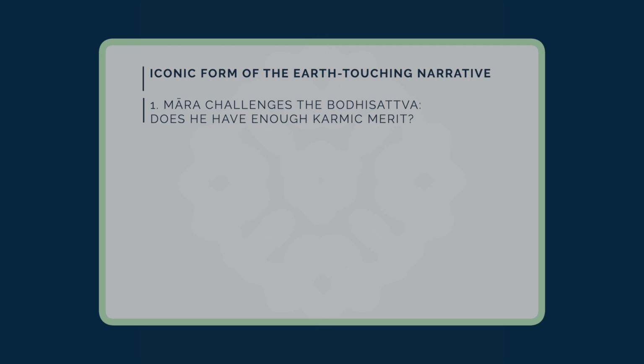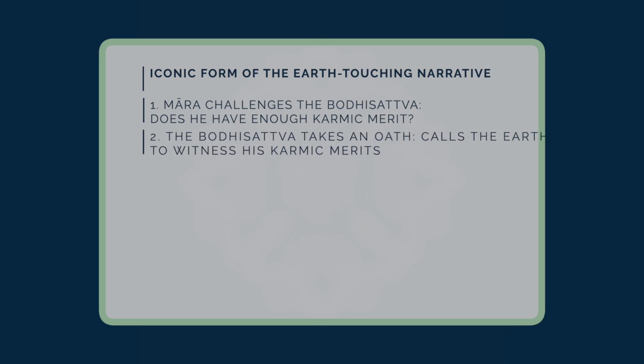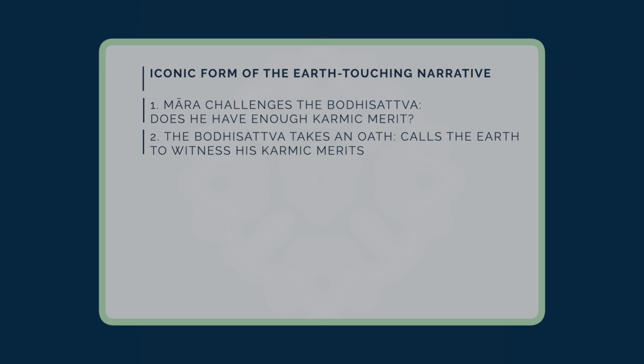And the Bodhisattva takes an oath and calls the earth to witness his karmic potency. In other words, he's been challenged by Mara that his karma is not adequate to the job of becoming enlightened. The Bodhisattva takes this oath, calling the earth to witness that he has this karma.